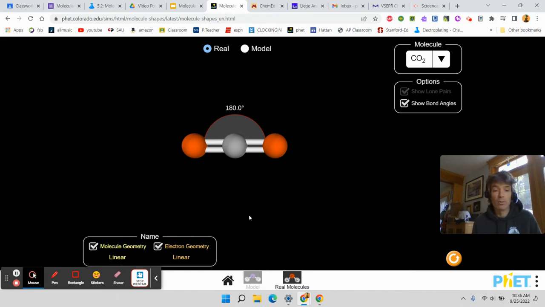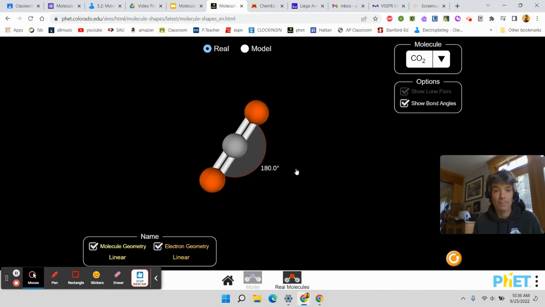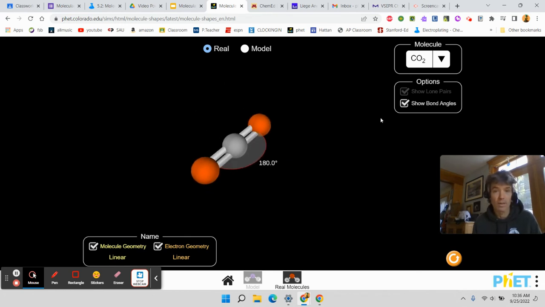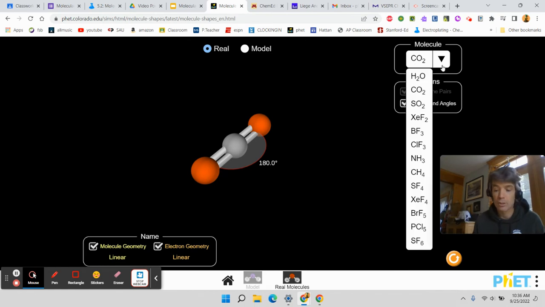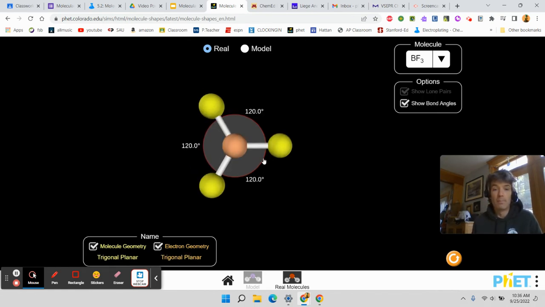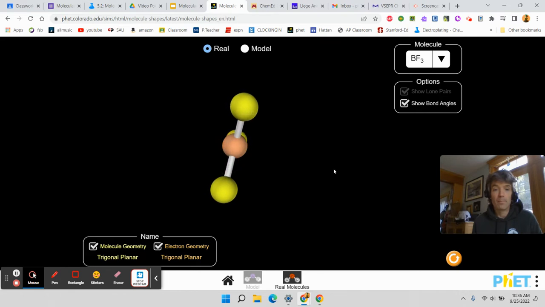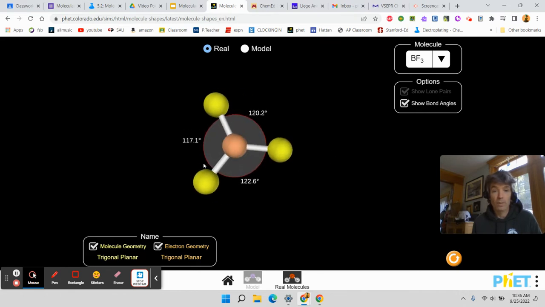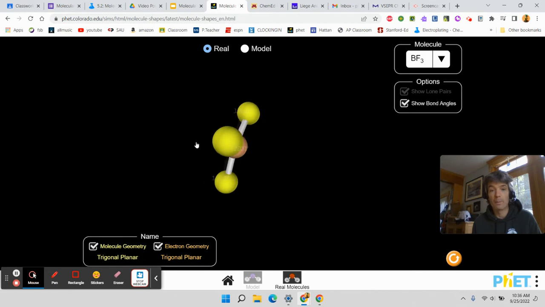So a linear molecular shape is a symmetric shape. You can see it's even on both sides of the central atom. You can cut it a million ways. The next shape that tends to be very symmetric and nonpolar in nature is trigonal planar.